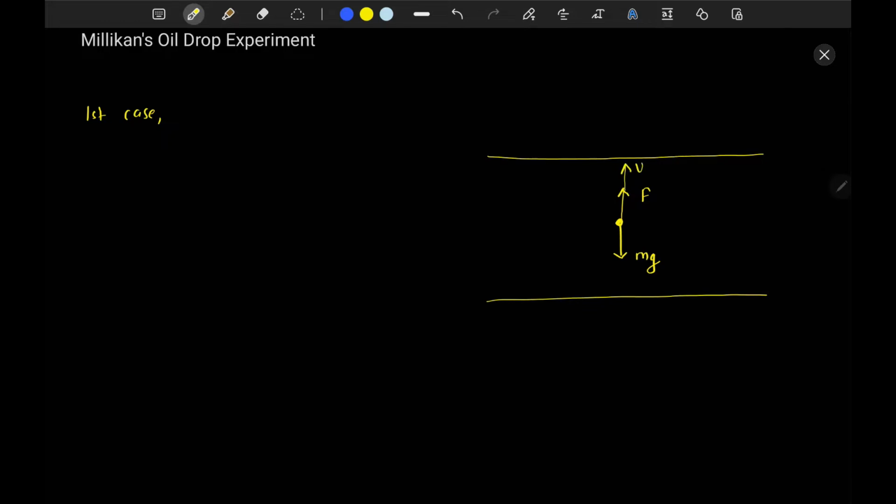Upthrust and viscous force act in the upward direction, and the weight of the oil drop acts downward. So under equilibrium, when the drop attains its terminal velocity, the total downward force will be equal to the total upward force, F plus U.